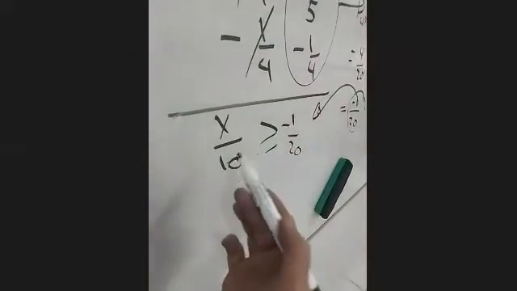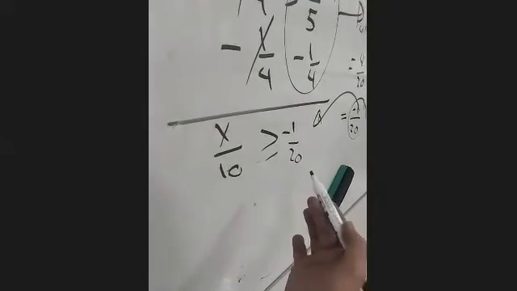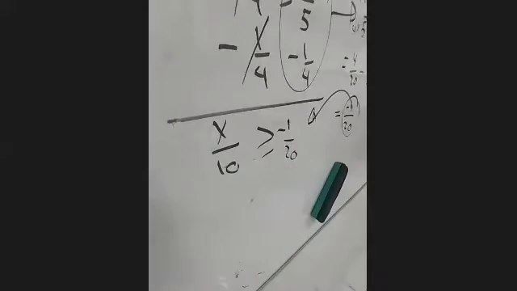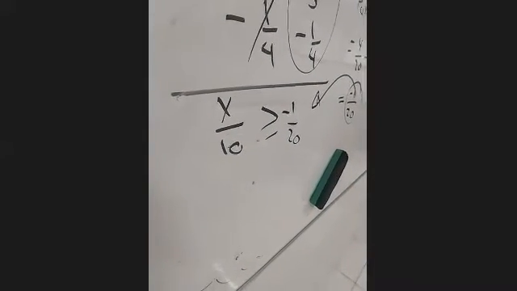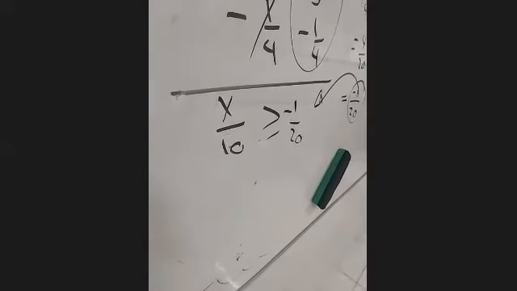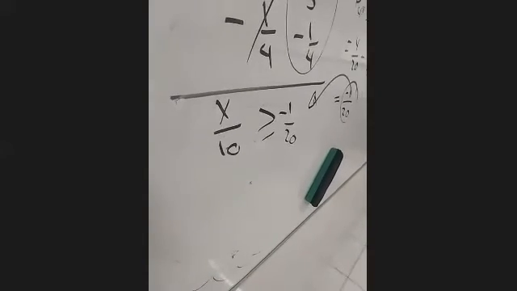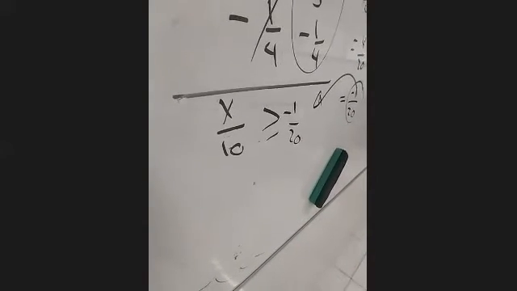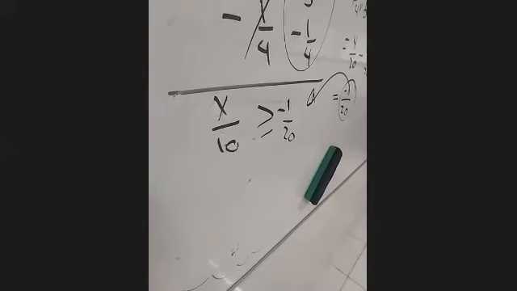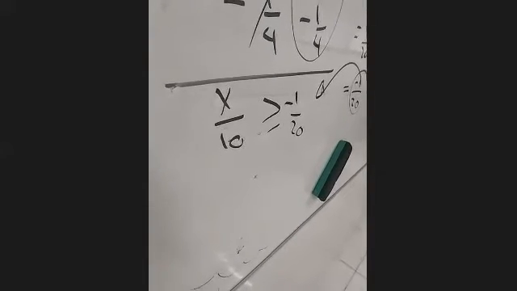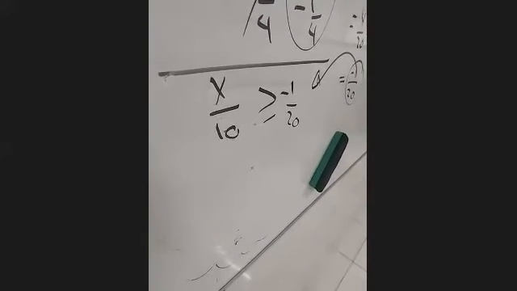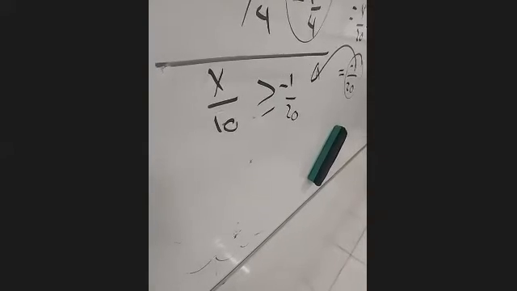Now, what's the next step? I have x divided by 10 more than or equal to negative 1 over 20. What do I need to do here? Multiply, but multiply by what on both sides? By 10.